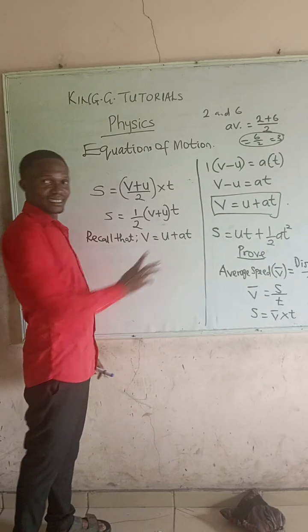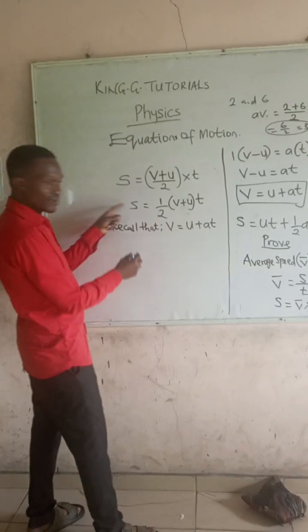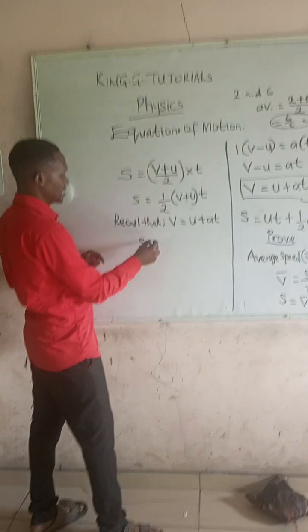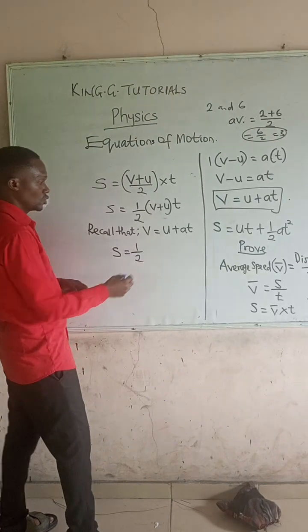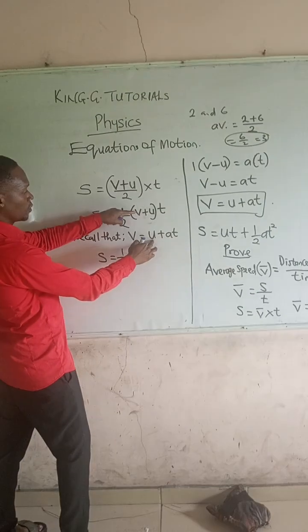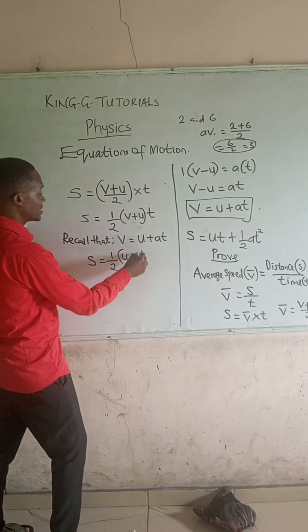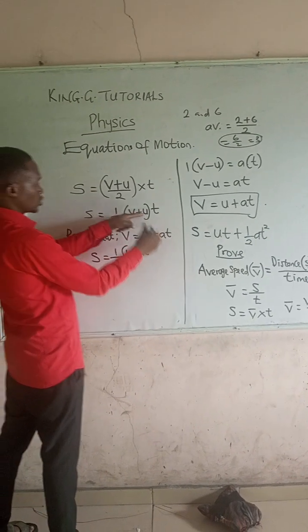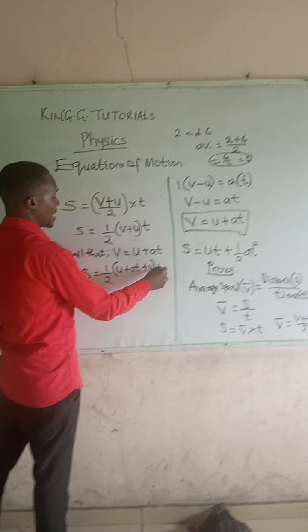U plus AT. As simple as that. So here this will give us S is equal to 1 over 2, bracket open. V is already U plus AT, so I have U plus AT, then plus U. Then close it and I have my time.